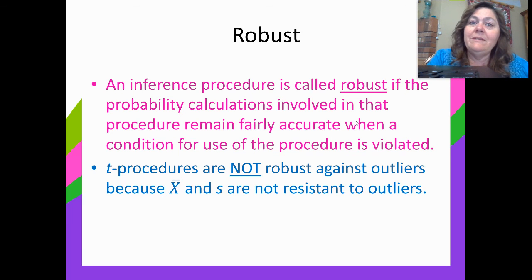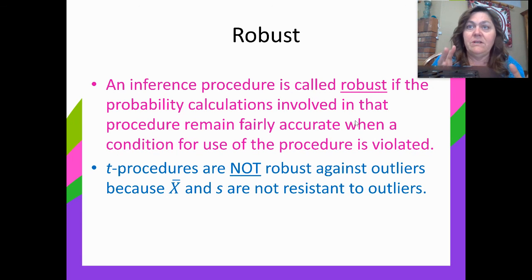So the problem is we saw that t is not robust because it's not robust against outliers. Outliers change the whole thing, and that's why, if n is small, less than 30, we cannot use a t interval with any confidence. Remember, x bar and s are not resistant to outliers.